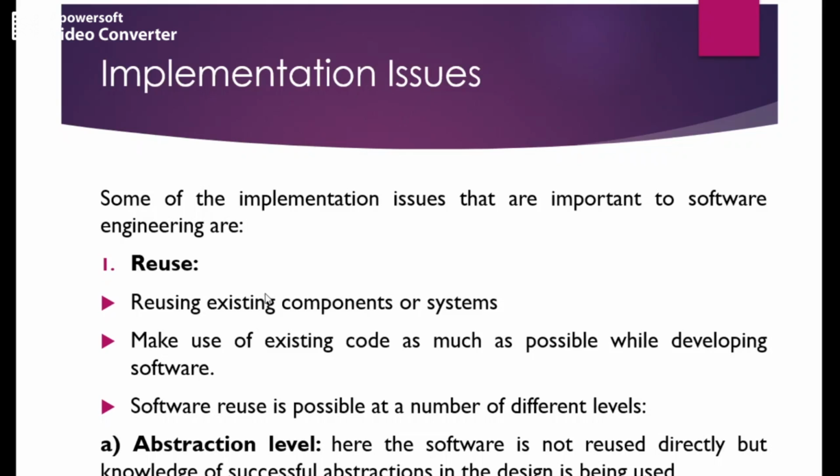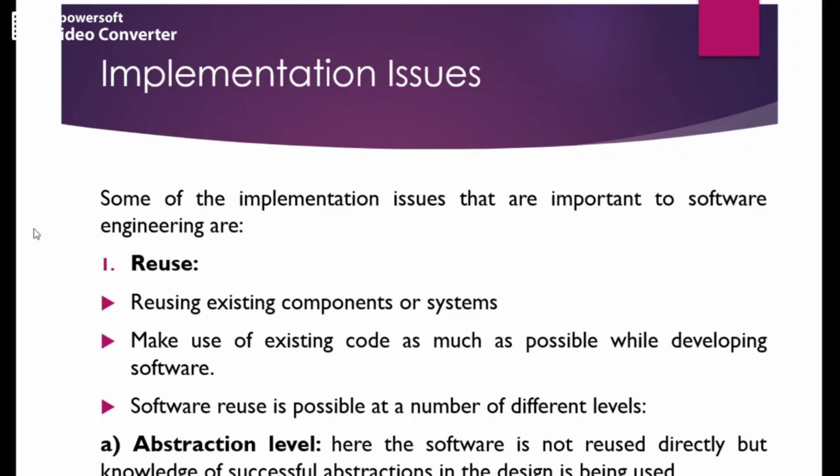So, reusing existing systems or components. In the case of software also, some set of software code you can reuse in your program to create a new program. So make use of existing code as much as possible while developing software. Time is saved, efficiency is improved, and you can deliver the software quickly.